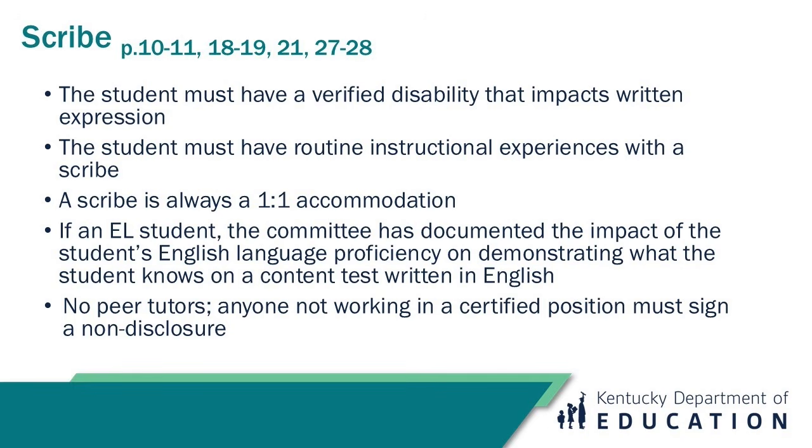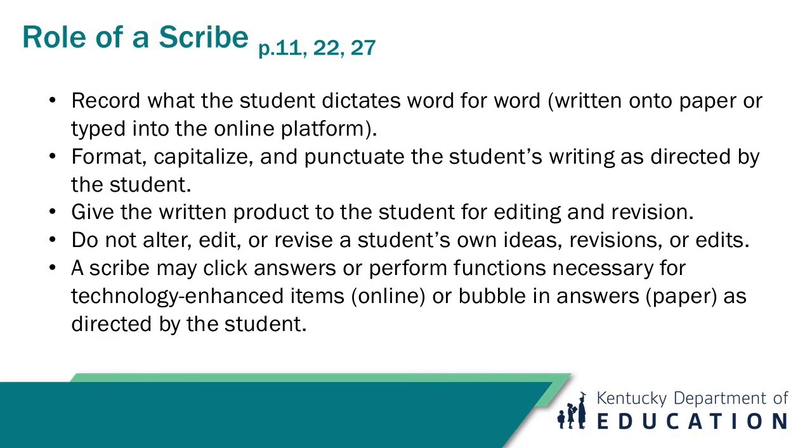Any person not working in a certified position who is providing assistance shall read and sign a non-disclosure agreement provided by the department. How a scribe records answers for a student may be different from one assessment to the next, depending on testing platform. Whether the test is paper-based or online, the role of the scribe never changes, and the student must always own their work.